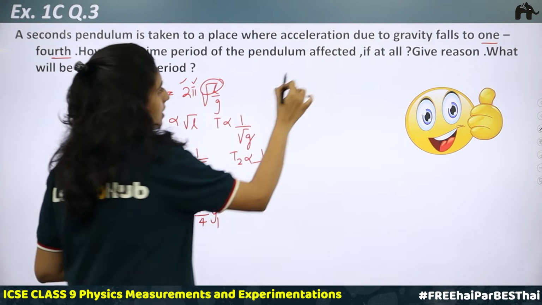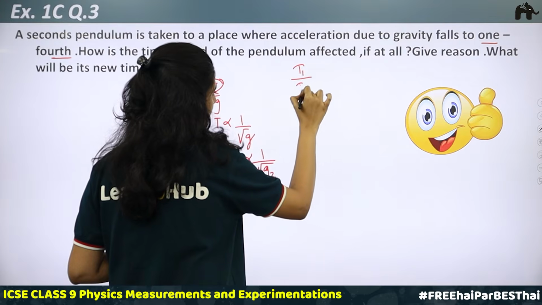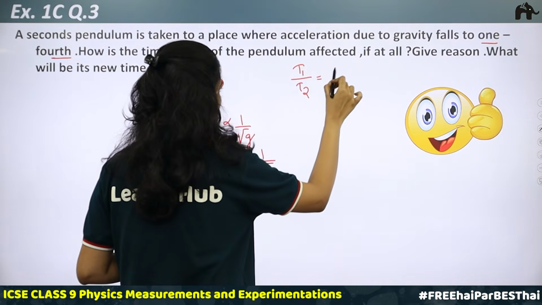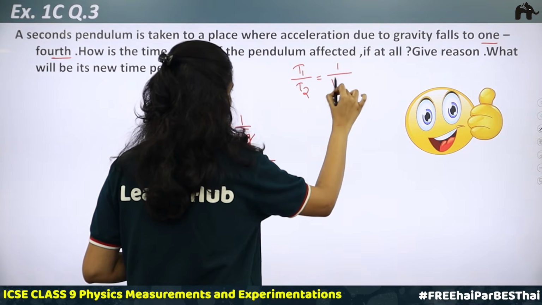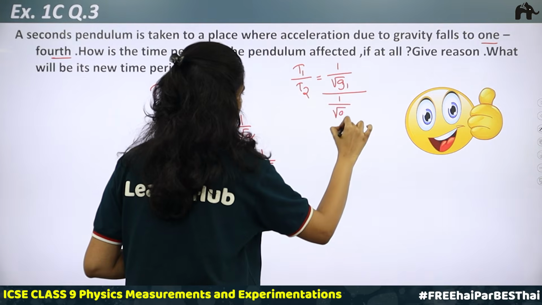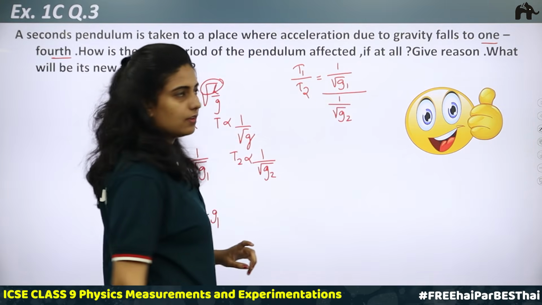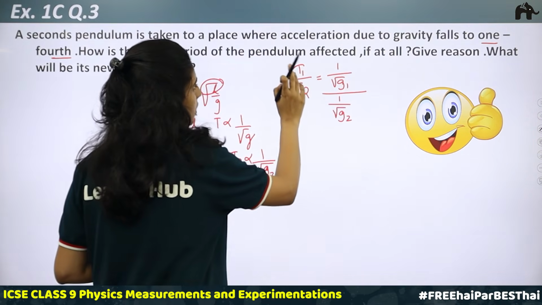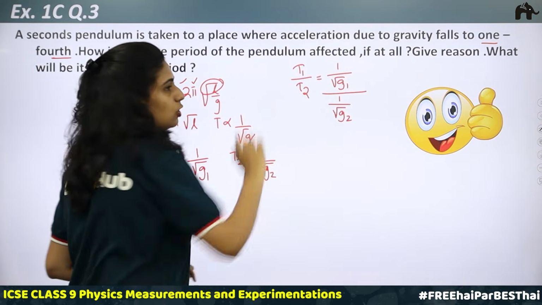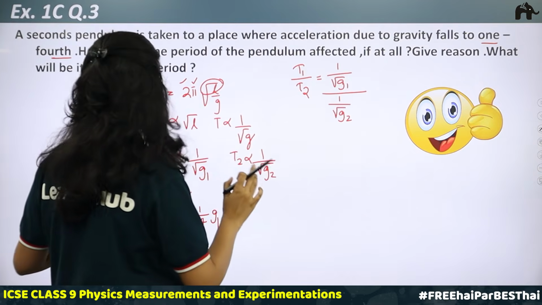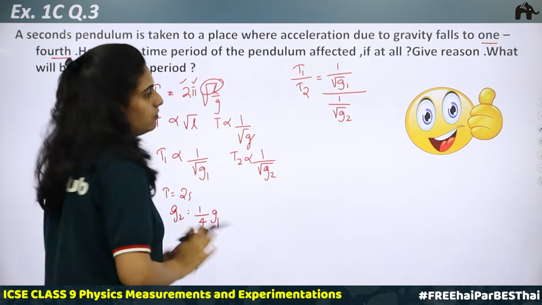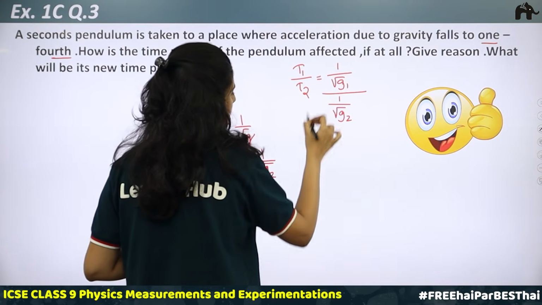So here T1 divided by T2 will be equal to 1 by root g1 divided by 1 by root g2. Here we are using a seconds pendulum, so T1 value will be equal to 2 seconds. We need to find the new time period T2. So put the values.